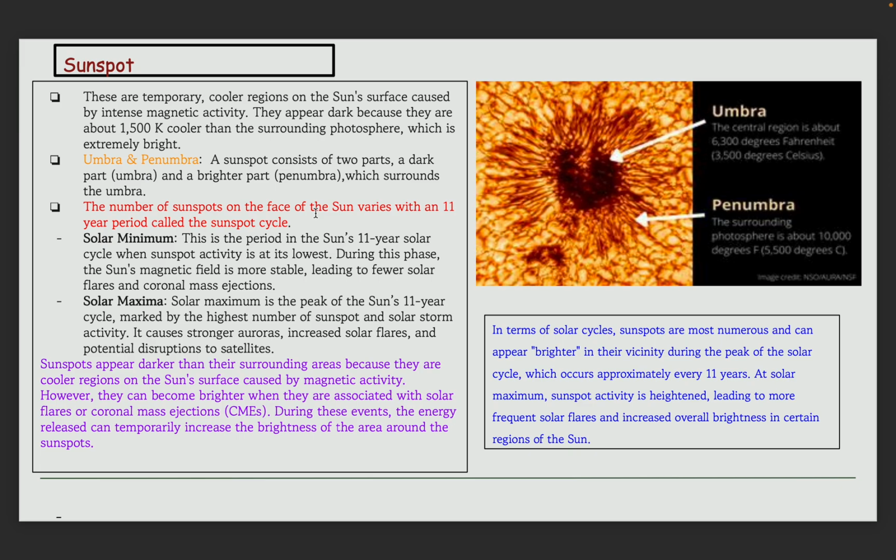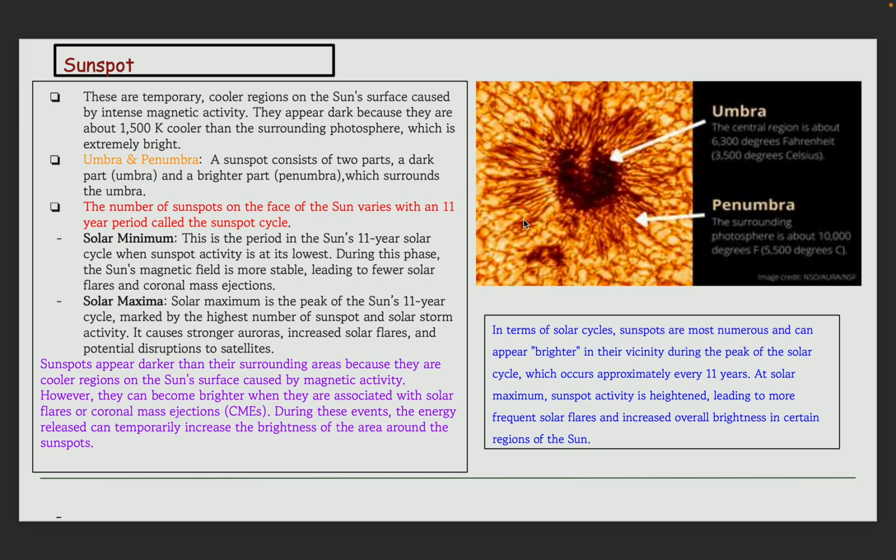Sunspots appear darker than their surroundings because they are cooler regions of the sun's surface caused by the magnetic activity of the sun. However, they can become brighter when they are associated with a solar flare or coronal mass ejection. During these events, energy is temporarily released and increases the brightness of the area around the sunspot.